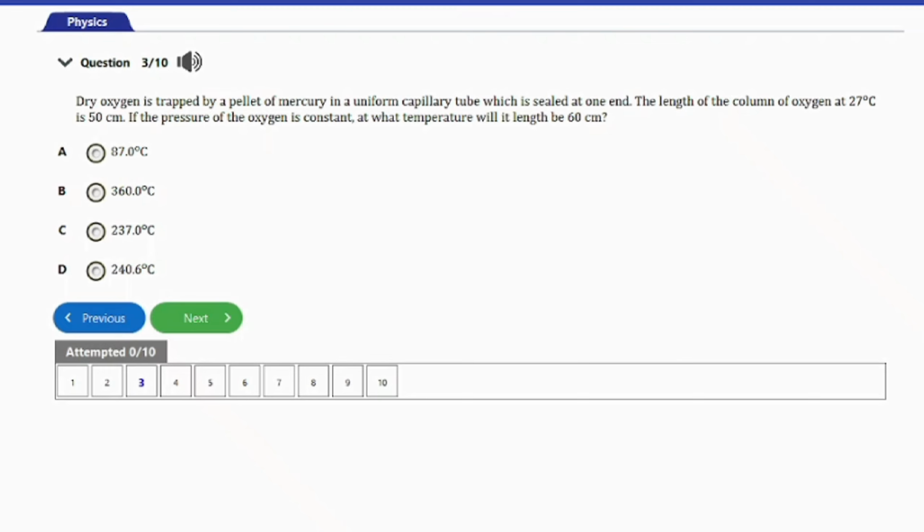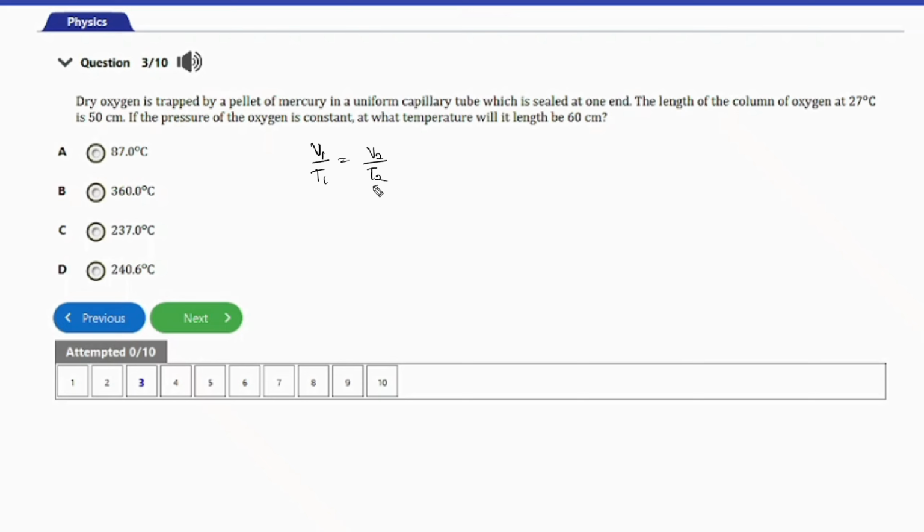If the pressure of the oxygen is constant, at what temperature will its length be 60 cm? So guys, if we want to solve this out together, we're going to use the formula V1 over T1 is equal to V2 over T2.